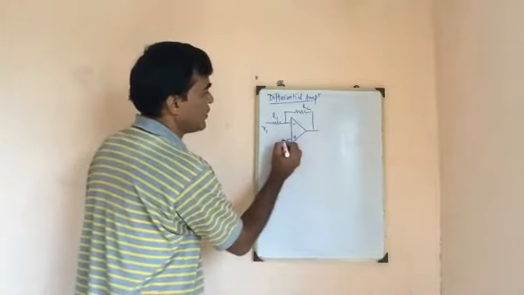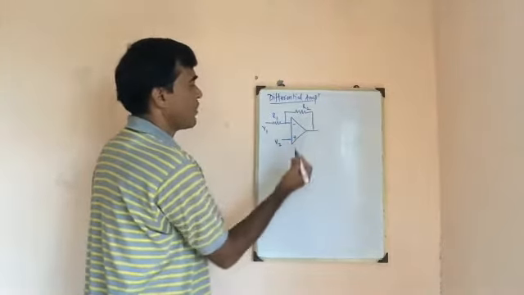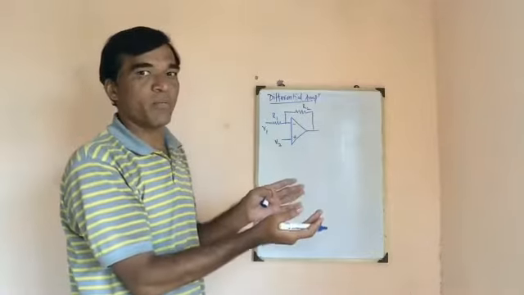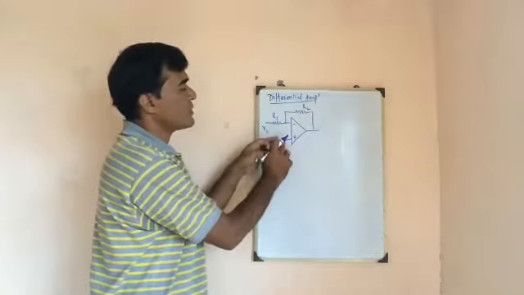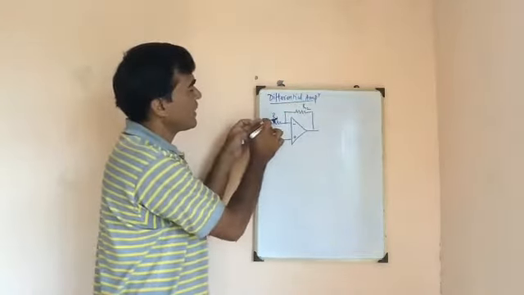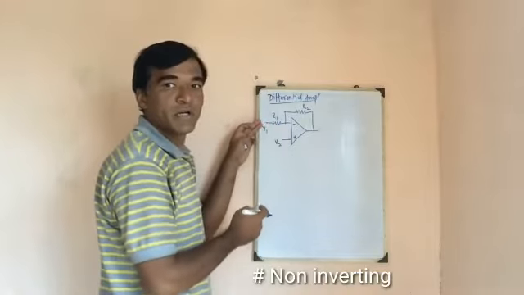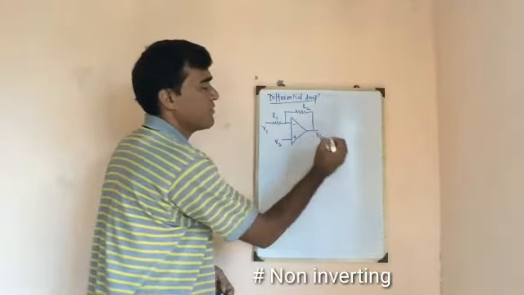Then non-inverting amplifier, so this is the non-inverting amplifier. Basically it is the combination of inverting amplifier and non-inverting amplifier. If I ground this plus terminal, it becomes the inverting amplifier. If I ground this V1, it becomes the non-inverting amplifier. In that sense, I can say this is the differential amplifier.